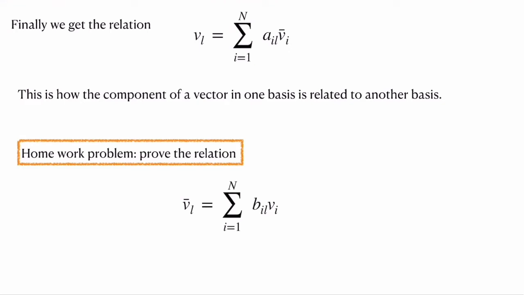One has to use the other vectors, substitute and simplify, and show that the component in the F basis, which is written as V bar L, can be written in terms of the transformation BIL and component VI in the E basis. So this you need to show and submit along with the notes for this video.